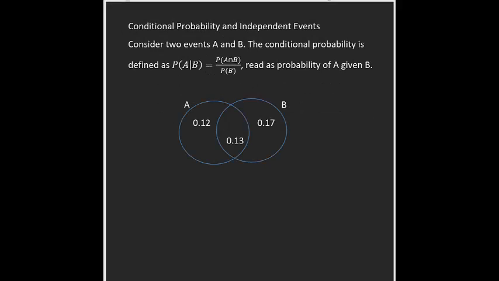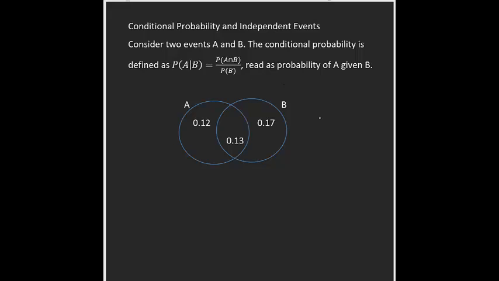We are now given a Venn diagram with two events A and B. You can see here probability A will be 0.12 plus 0.13, and probability B will be 0.13 plus 0.17, and the intersection is 0.13. Now we will find more information from this.